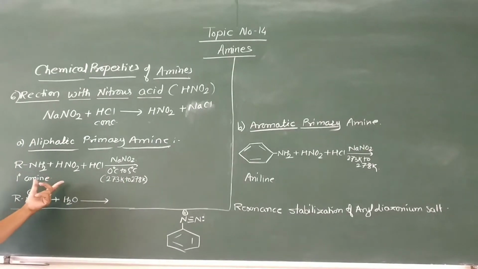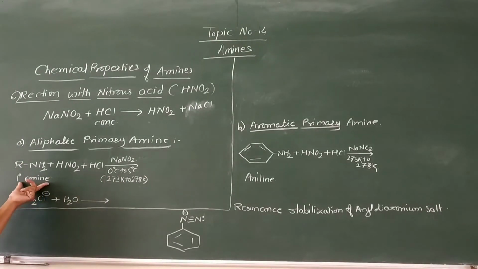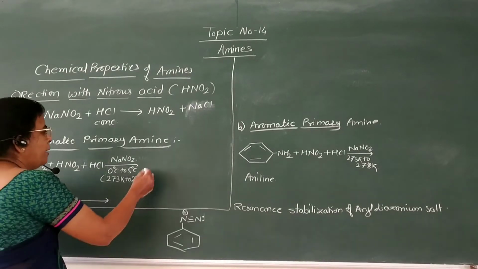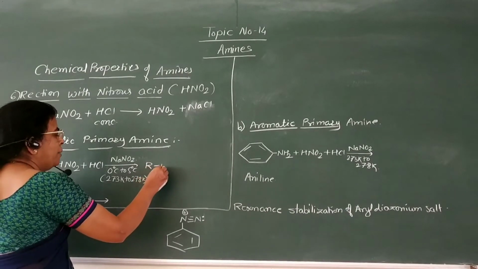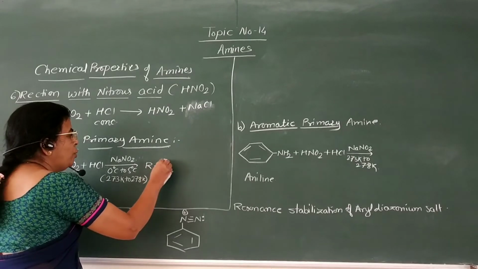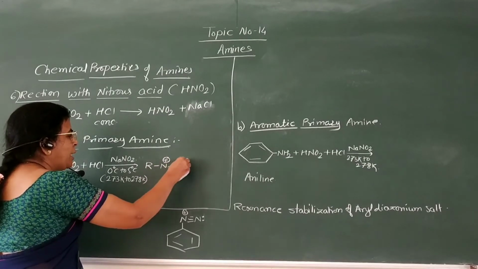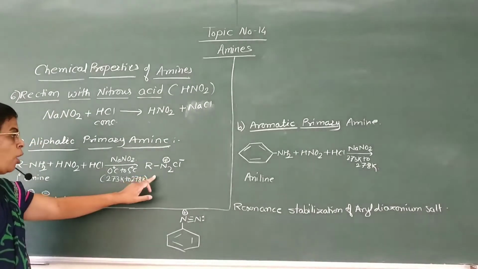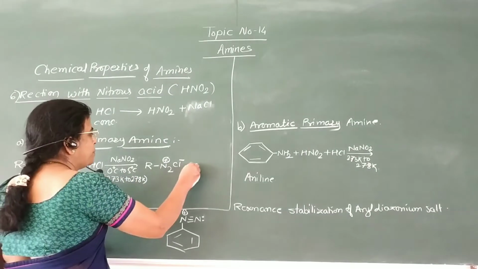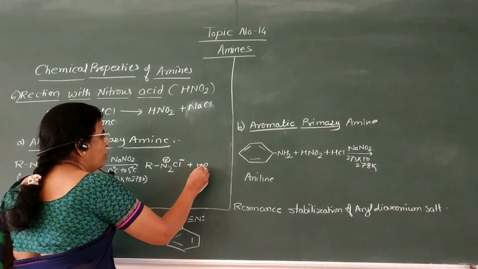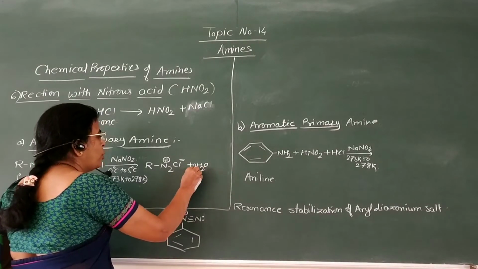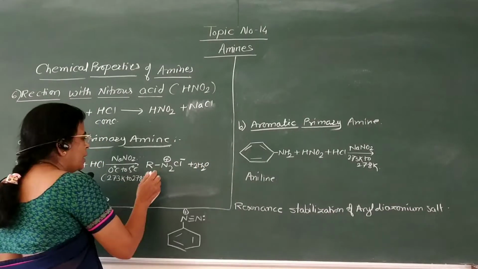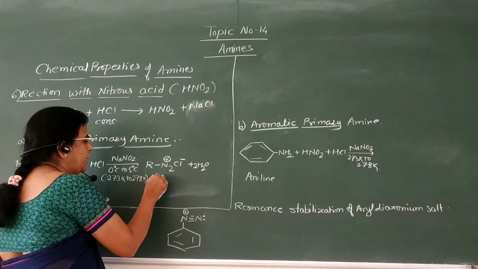Then here, this primary amine undergoes diazotization reaction to form R N2 positive Cl minus. This is alkyl diazonium chloride. This salt is obtained plus 2 molecules of H2O.